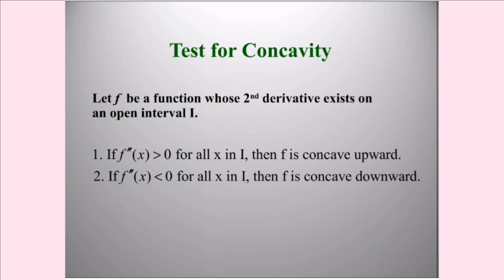Secondly, if the second derivative is less than 0, means the second derivative is negative for all x in I, again I is an open interval, then f is concave downwards or concave down.